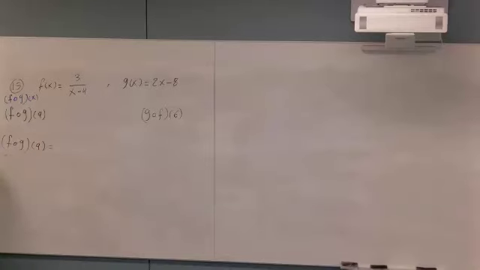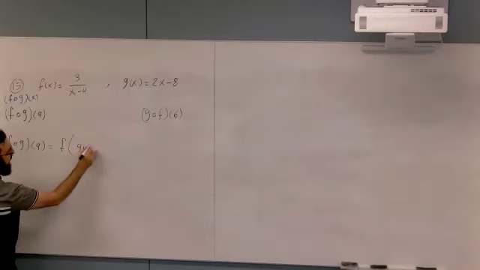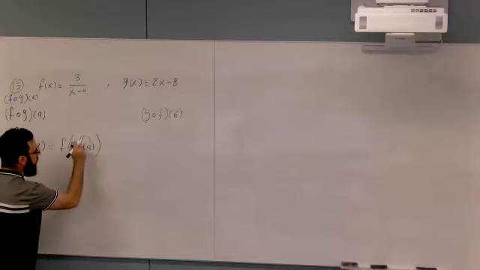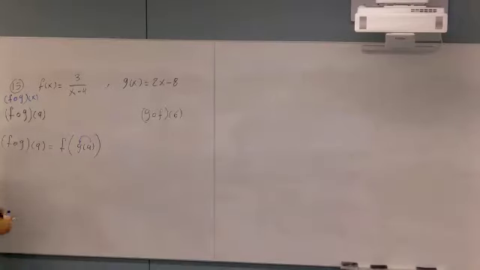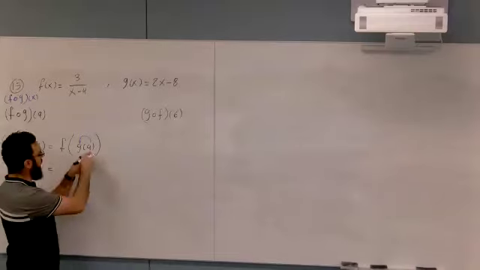I know F is outside, and G to the 9 is inside. Can I plug in 9 in G function right away? Yes, because X is a known number. I'm gonna plug in 9 where?